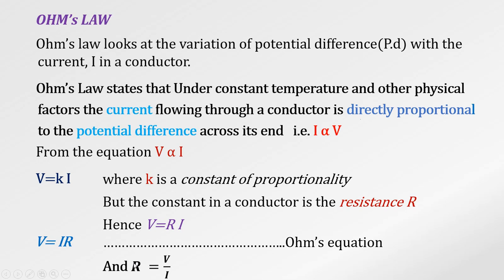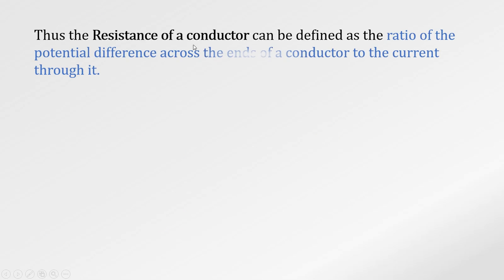Also, if I make R the subject, I get V over I. From here I can define R as the ratio of the potential difference to the current flowing through the conductor, because I'm dividing the two. So that's the resistance of a conductor: the ratio of the potential difference across the ends of the conductor to the current through it.